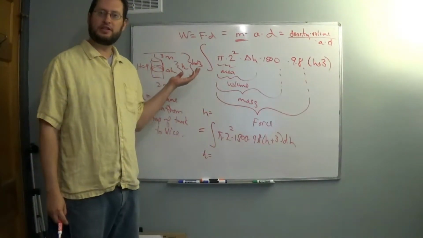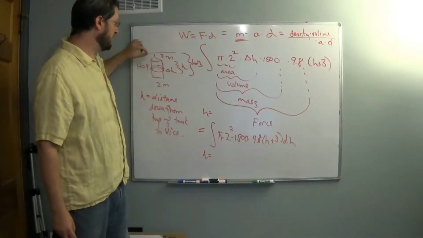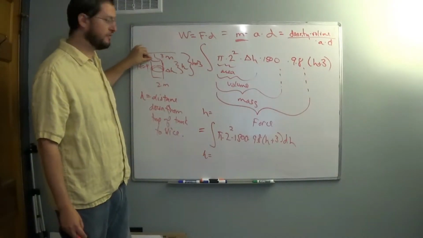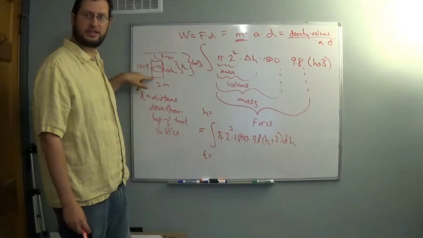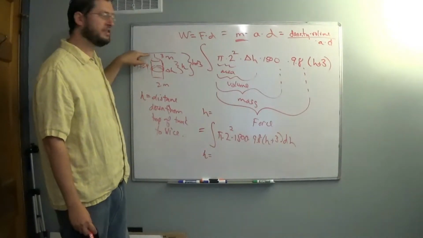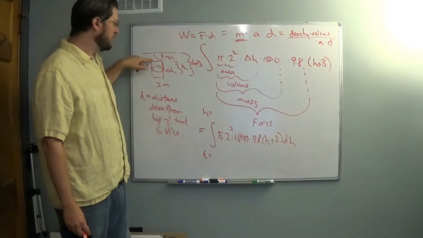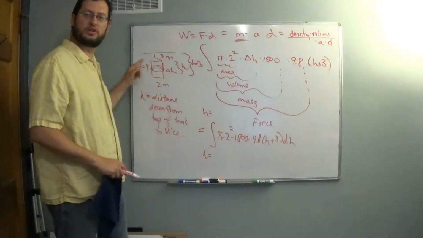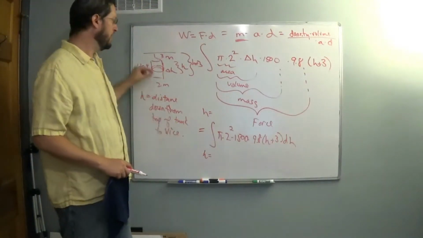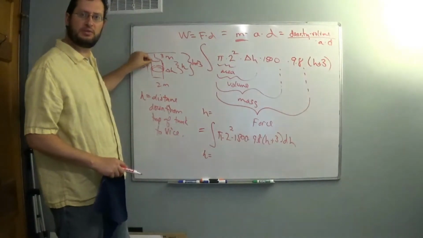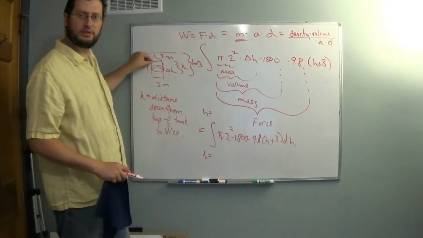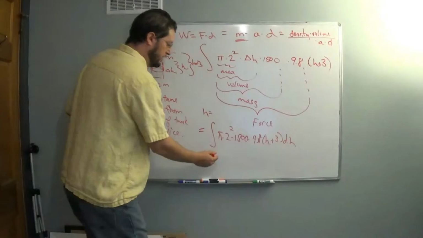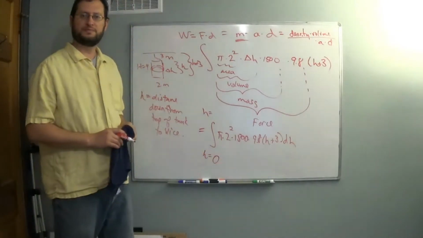I want to go from the first slice, this is the first slice that goes up to the surface, to the last slice that goes up to the surface. What is the h value at the first slice? Since h is the distance from the top of the tank, that's what we're defining h to be, the very first h that we're using is 0, because the first slice is 0 units from the top of the tank. So this is h equal to 0.